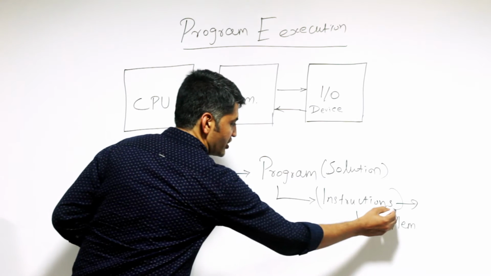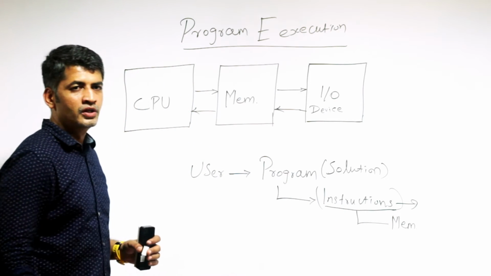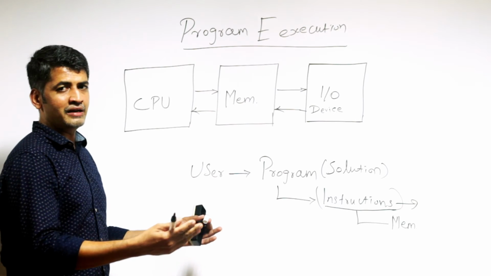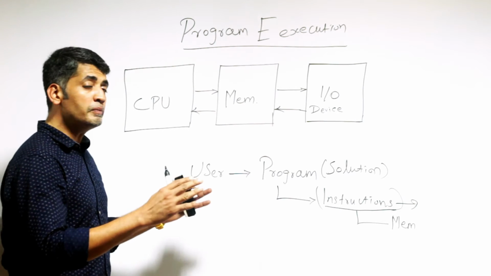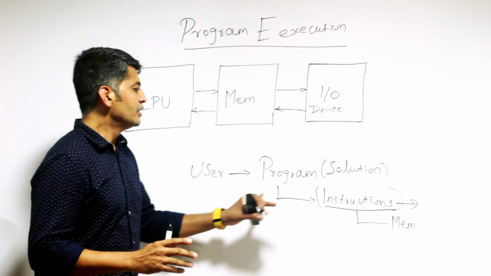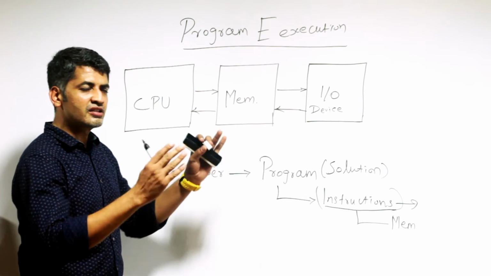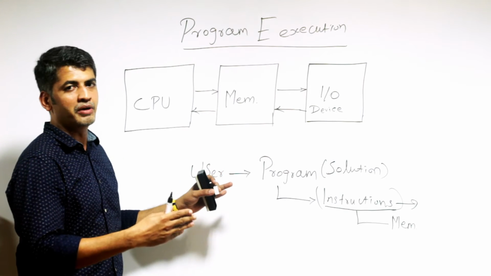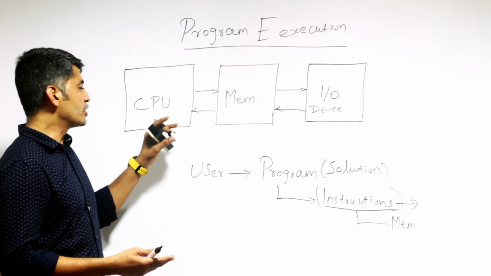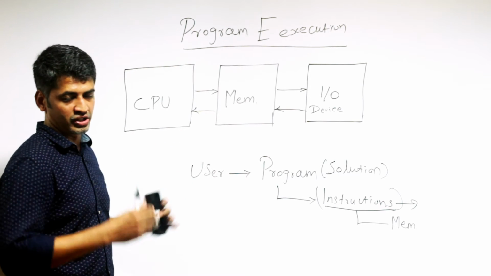When the user gives the execution command for a particular program, the whole program won't be executed in the CPU at once. The whole program is transferred to the main memory.